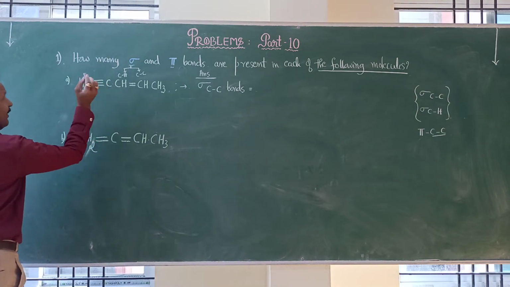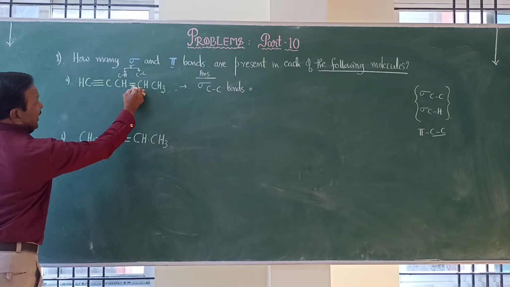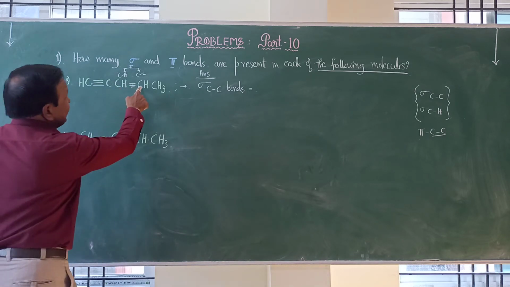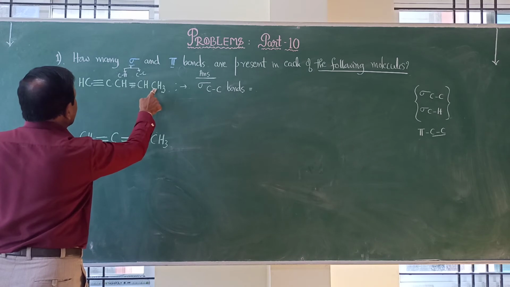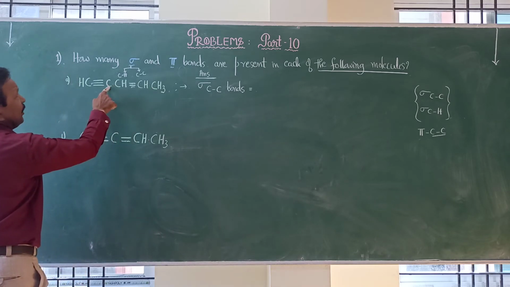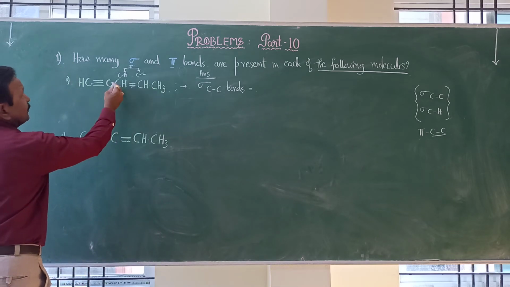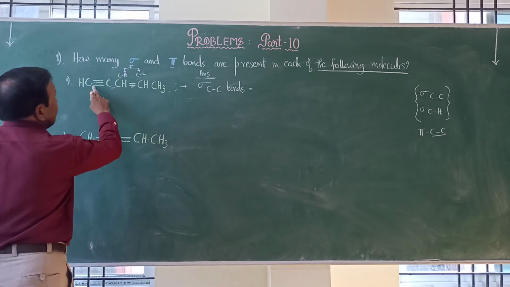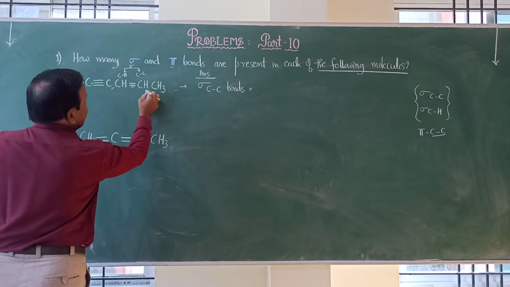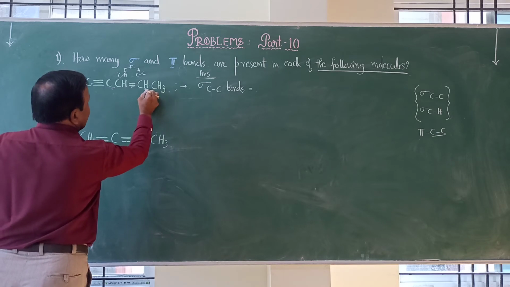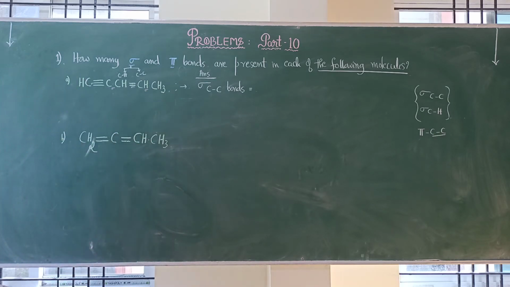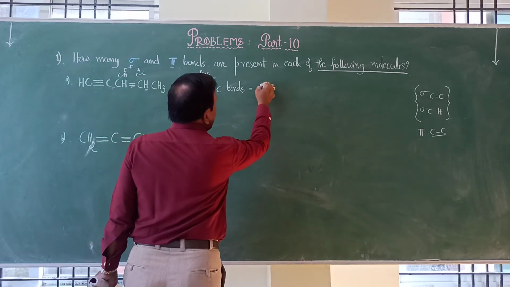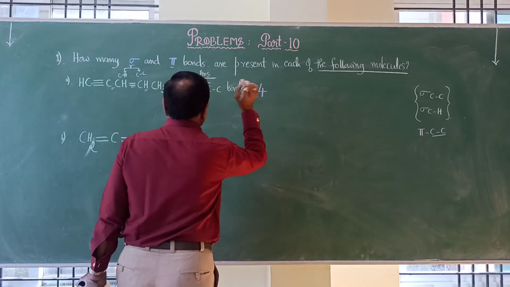This is sigma. This is sigma. And this is between carbon and carbon sigma. And here there will be carbon carbon sigma. So here is one sigma, and here is one sigma, and here is one sigma between carbon and carbon. So totally there will be 4 carbon carbon sigma bonds.